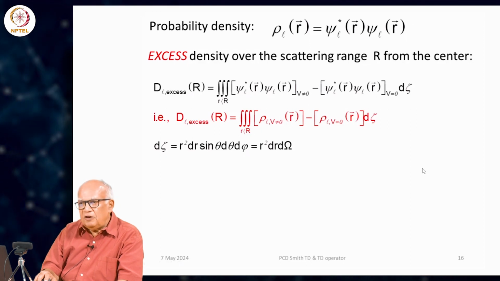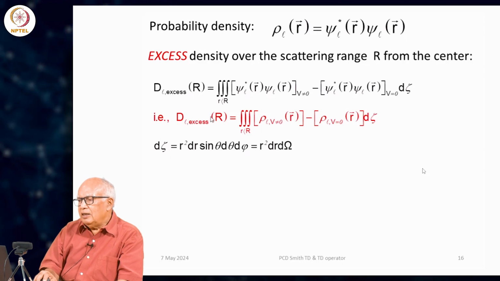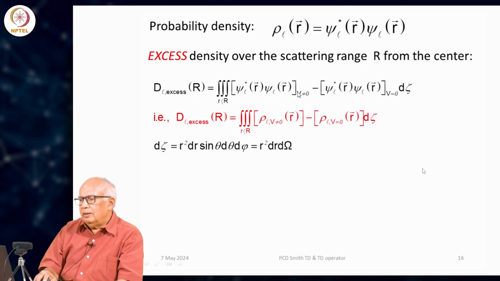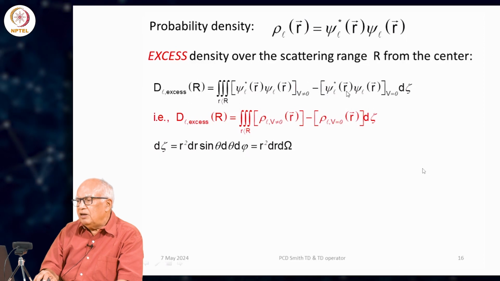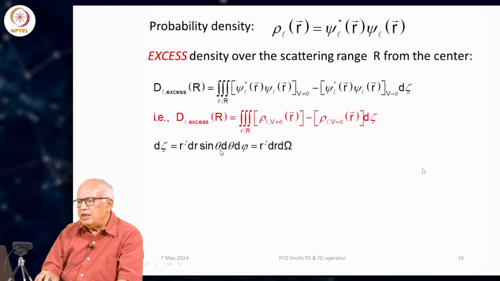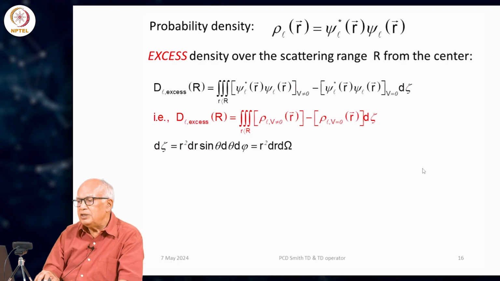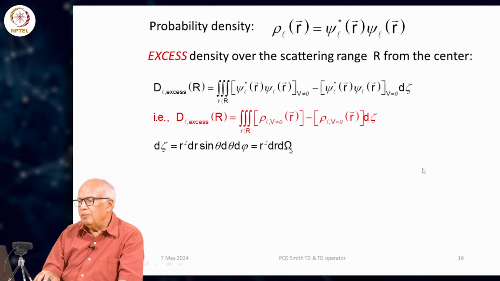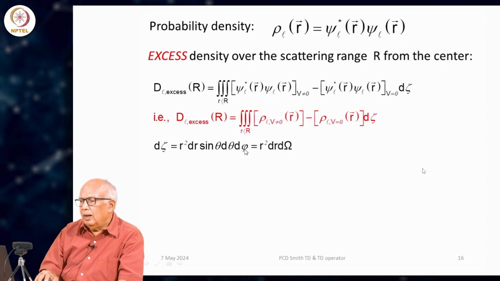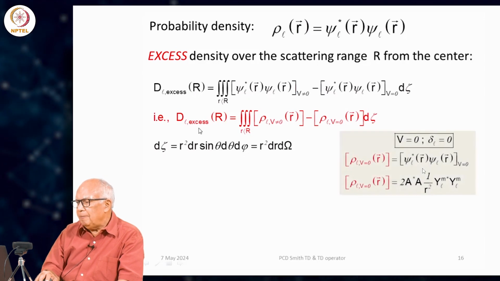It is this difference which will give you the excess density, and the net density is the integral of this density. So, d zeta is the volume element r square dr sine theta d theta d phi in spherical polar coordinates, or r square dr d omega. This is the excess that we are interested in.